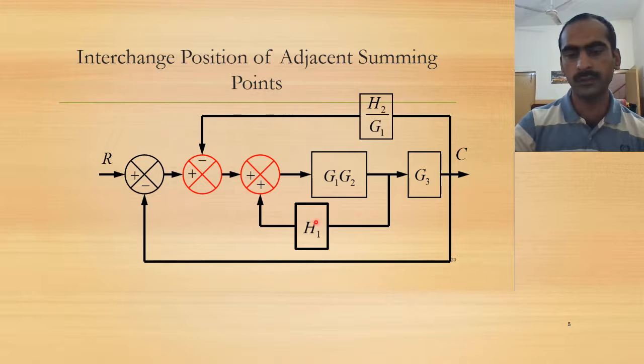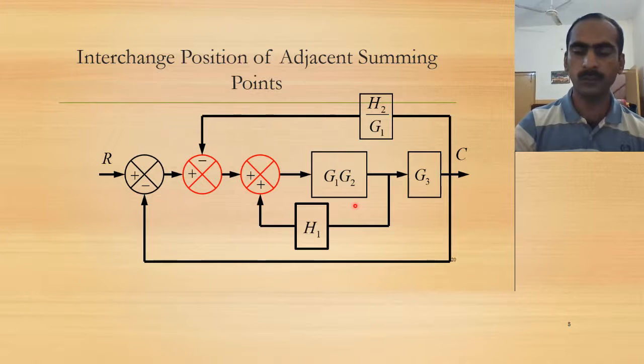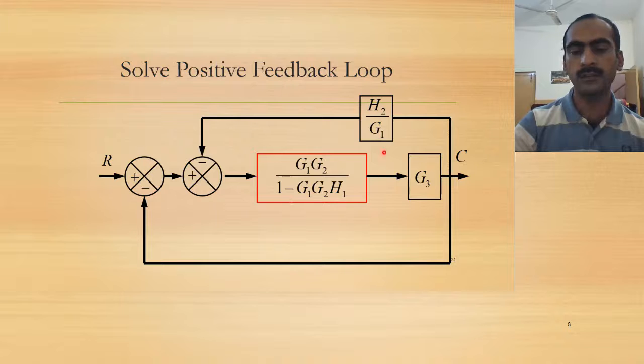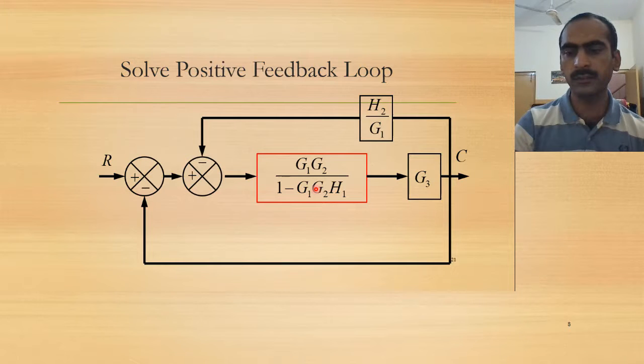We can replace it with a single block. How? The forward gain divided by 1 plus or minus, in the denominator 1 minus H1 times G1 G2. This comes from rule number 3. We apply rule number 3 and we simplify the block. The further simplification is these two blocks are now in series.